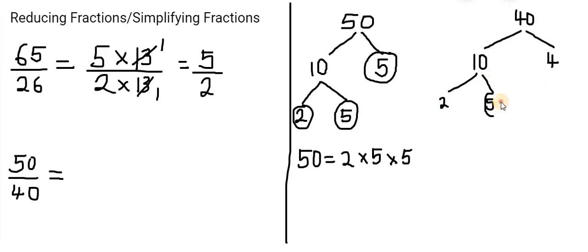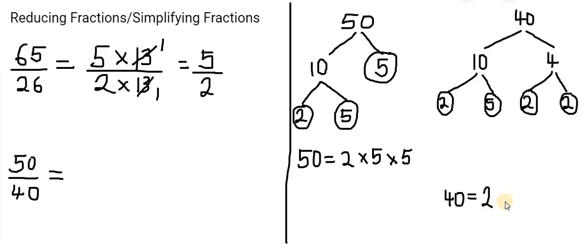They're both prime numbers. For 4, 4 is an even number, so 2 is a factor. The number that goes with 2 to make 4 is another 2. And they're both prime numbers. So, for 40, that would be 2 times 2 times 2 times 5 as a product of prime numbers or prime factors.